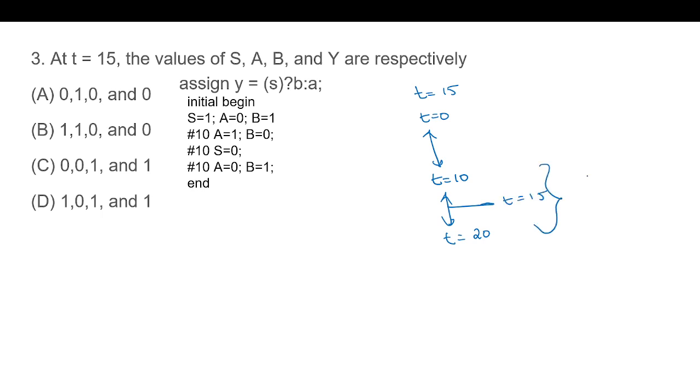In this interval, which is 0, 10, 20, this value. So A equal to 1, B is equal to 0, S is equal to 0. So it will be selecting A input, which is nothing but 1. So S, A, B output.